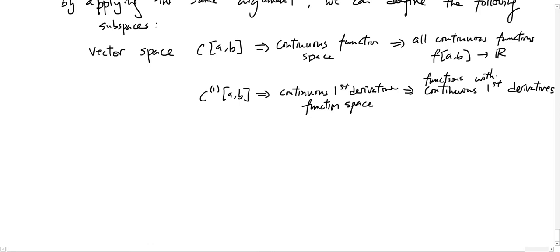Then I can define C^2. What do we call this one? Well, guess what? This one is called the continuous second derivative function space.